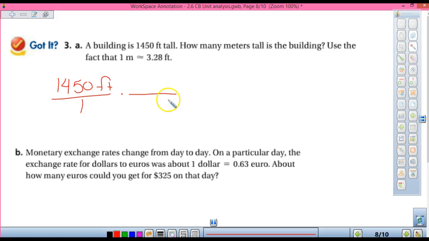On the bottom. So what's going to go on top? The meters, right? And now we can fill in the conversion. It says 1 meter, so 1 goes with my meter, and 3.28 feet.